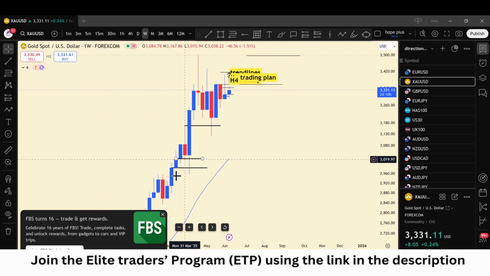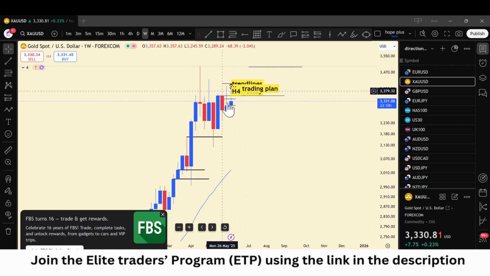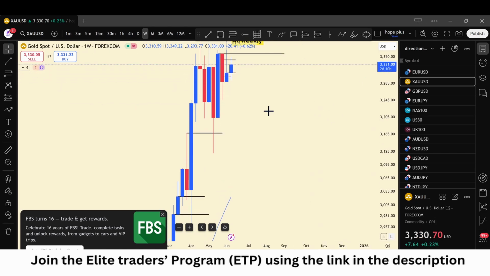The weekly time frame also pushed up to this level, and now is kind of giving us a form of consolidation. However, last week closed bearish. Because it closed bearish, there was a tendency for price to push lower, but you can see that when the price opened, it pushed lower and then pushed up.